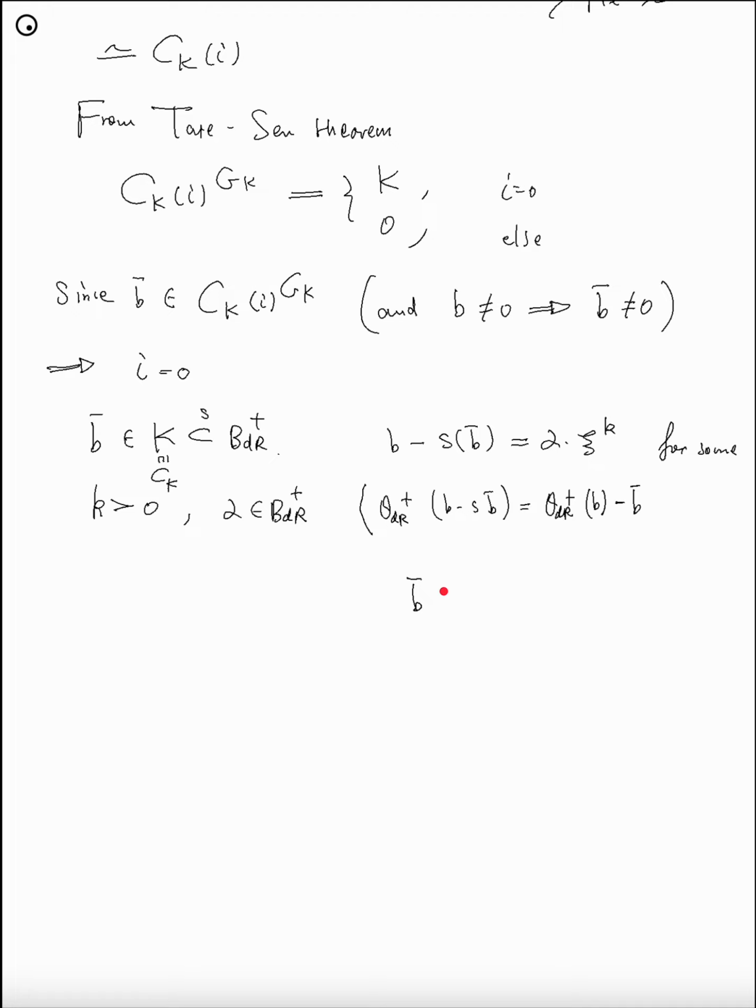So b is congruent to, you could say, modulo some c to the power k. In particular mod c, okay?